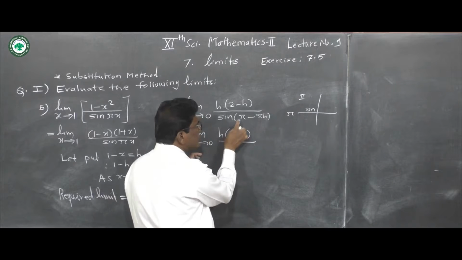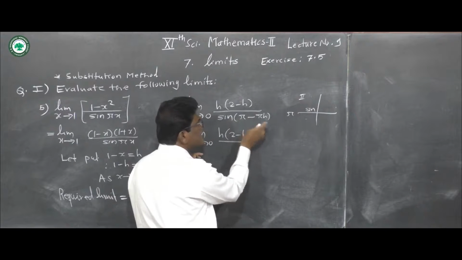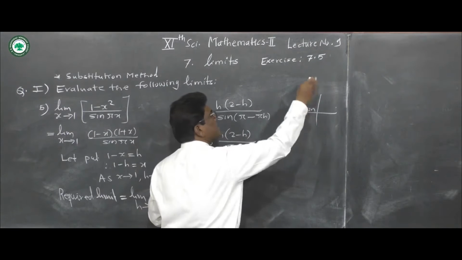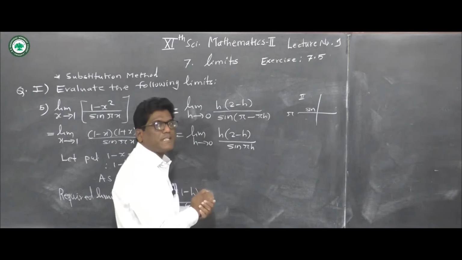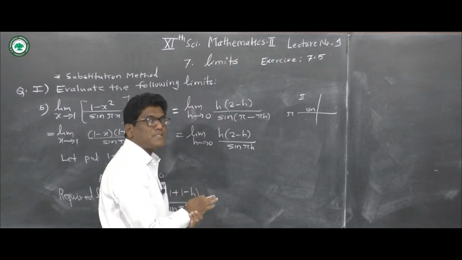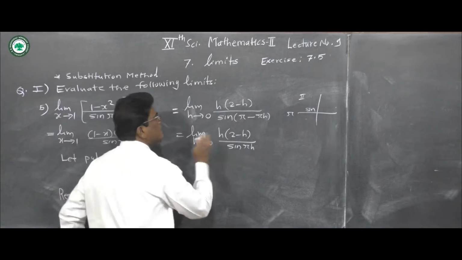But here it is 180, pi, so sine is sine. So sine of pi h. When it is on the y-axis, we change sine to cos and cos to sine, but on the x-axis, sine stays sine, cos stays cos. So here, sine of pi h.